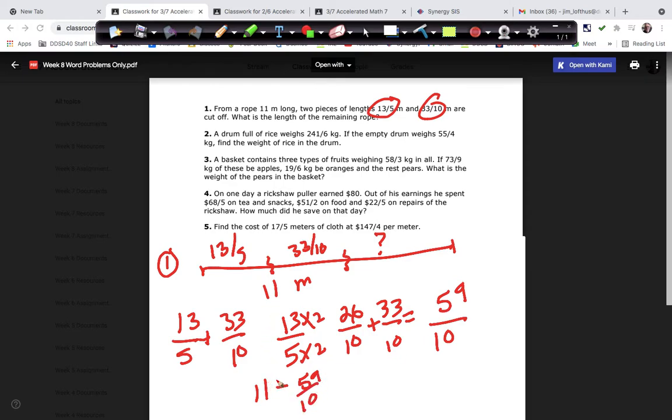So a couple ways we could do this. I'm just going to change this 11 to tenths, 11 over 1 times 10 is equal to 110 over 10. So 110 tenths minus 59 tenths. 110 minus 59 is equal to 51.